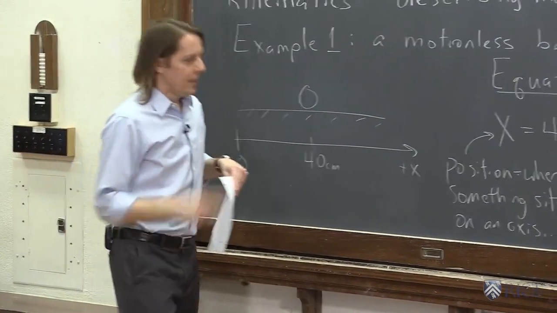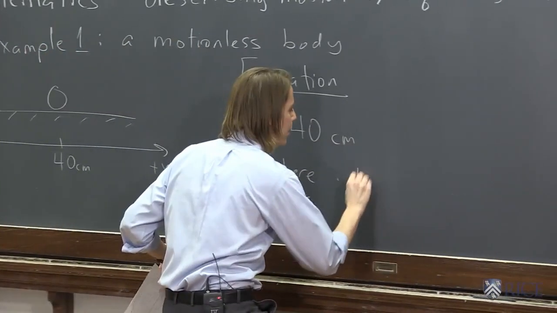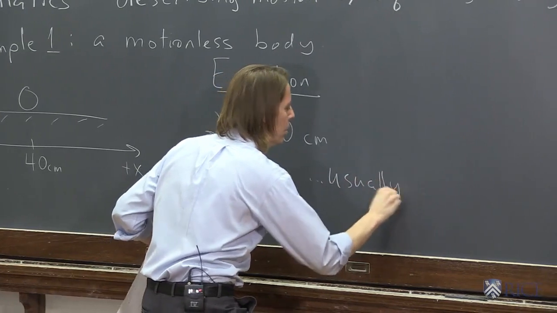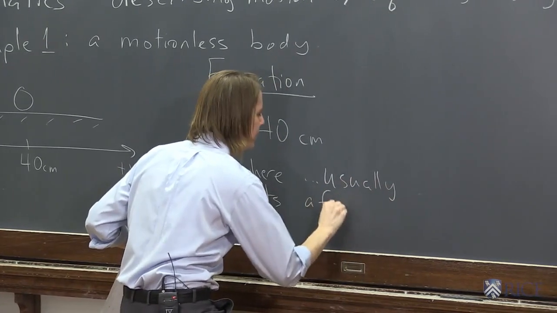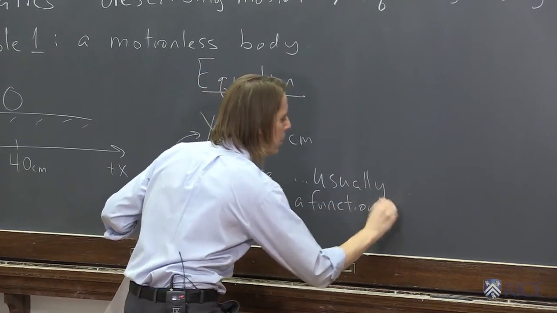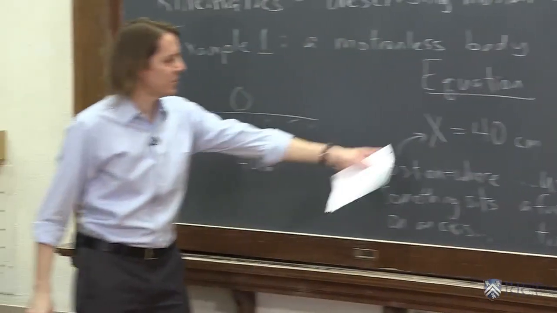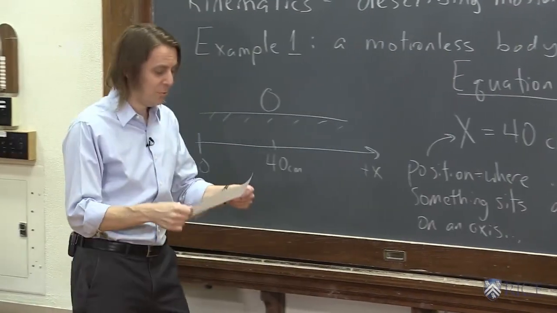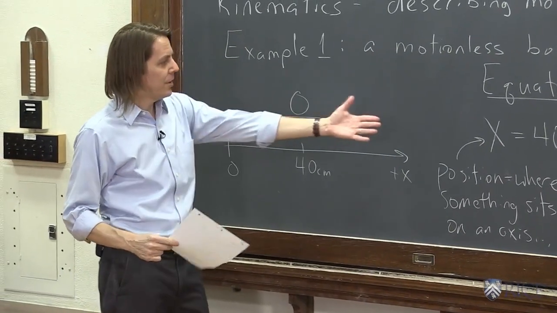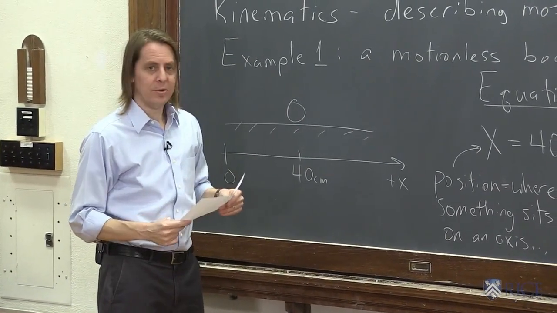It's usually a function of time in kinematics. But in this case, it's a constant because Hal isn't moving. He's just sitting there. So that's the equation, x equals 40 centimeters.